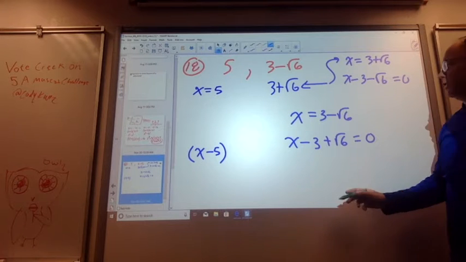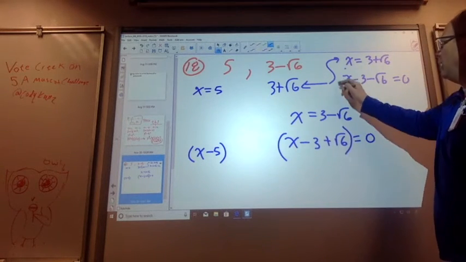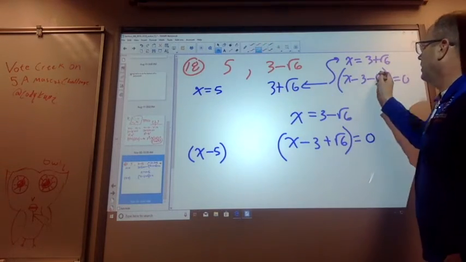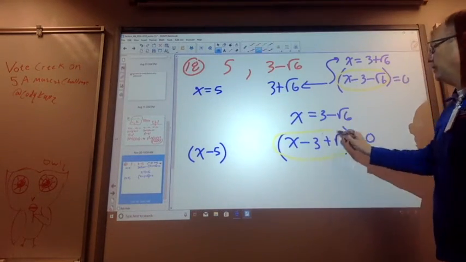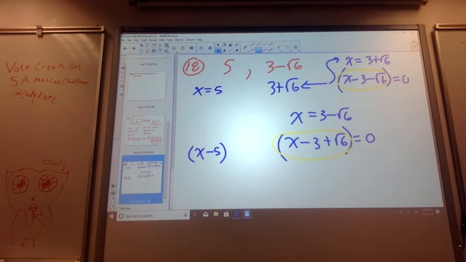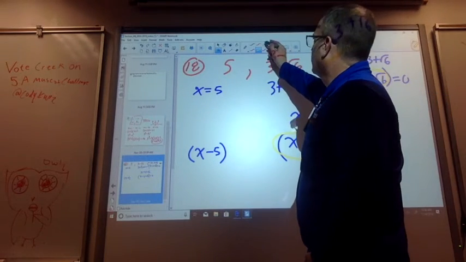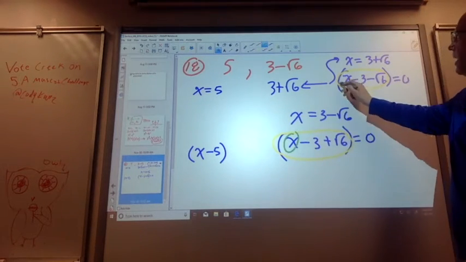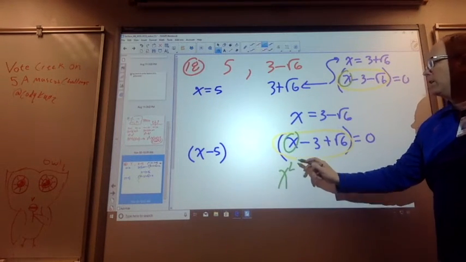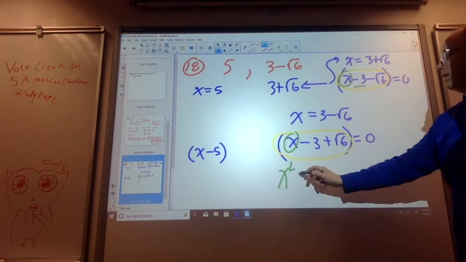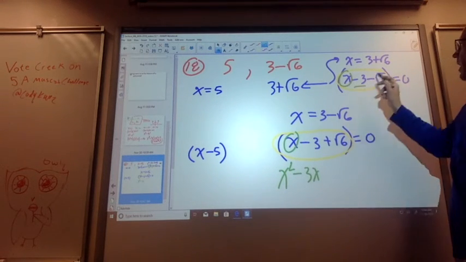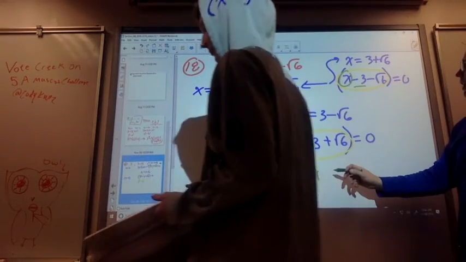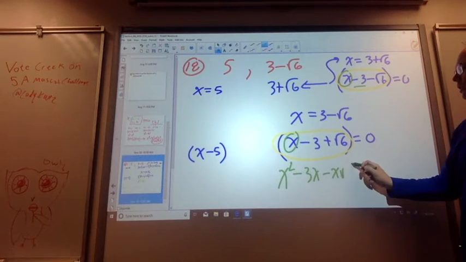So the nastier part of this problem is I have to multiply this and this together. This gets multiplied with this. So it's like foiling or distributing on steroids. Okay, the nice thing is a lot of stuff is going to fall out because they're conjugates of each other. Okay? So if I go x times x, I get x squared. Agreed? If I go x times negative 3, I get negative 3x. If I go x times negative root 6, I get negative x root 6.